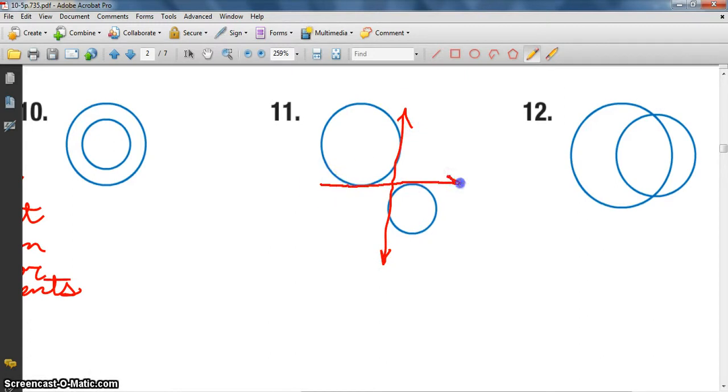Another common interior tangent there. A common exterior tangent here. And one on this side. Alright, see if I can do better than that. Okay, so 4 common tangents.